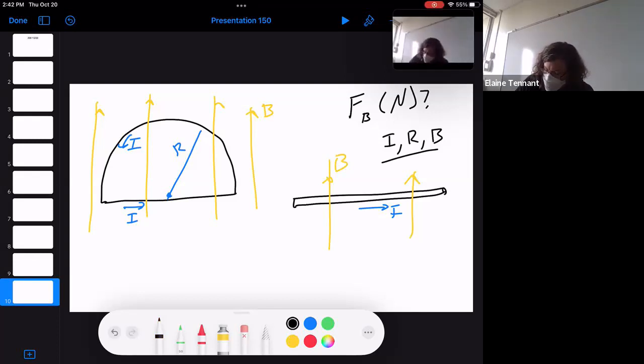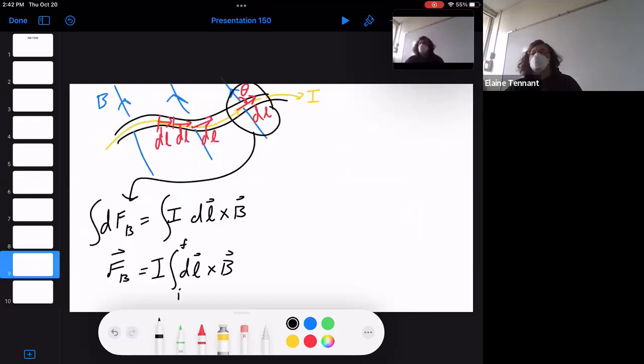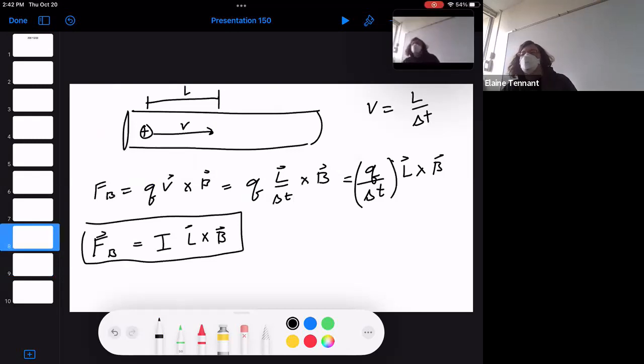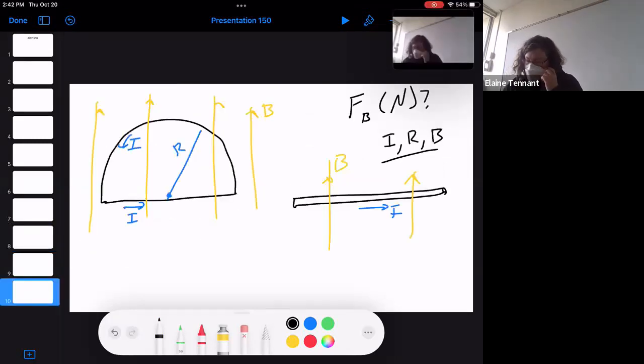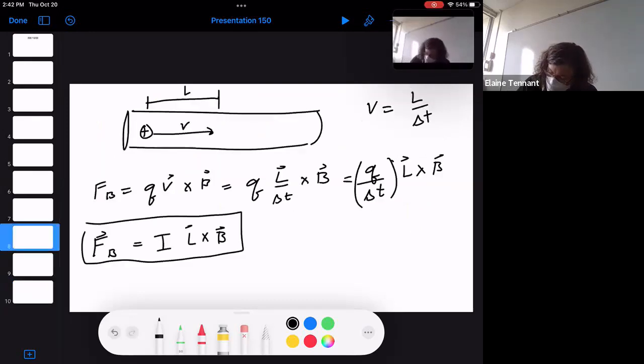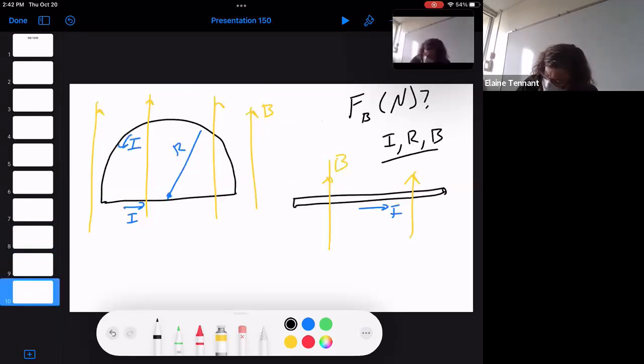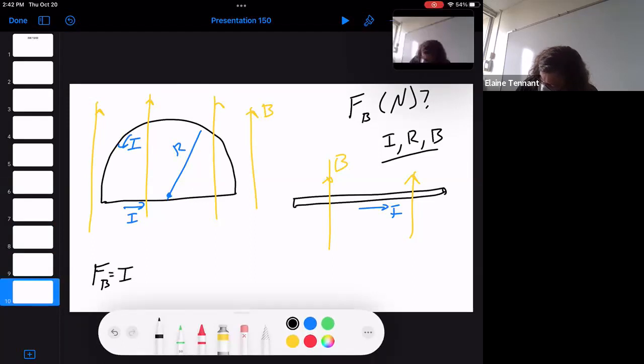Do I need to write this down in terms of an integral, or can I just use this equation? I can use this equation, good, because the angle between my current and my magnetic field isn't going to change. Okay, F equals I L cross B.